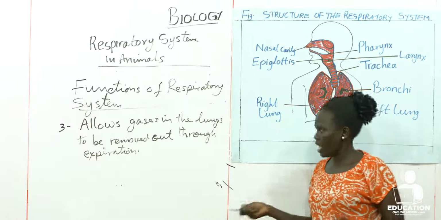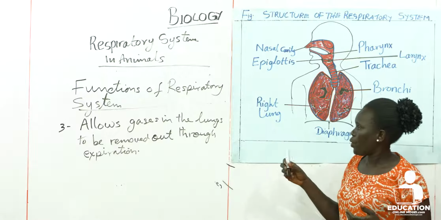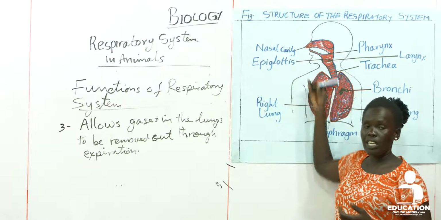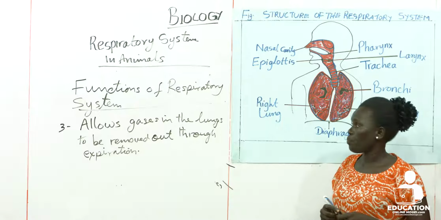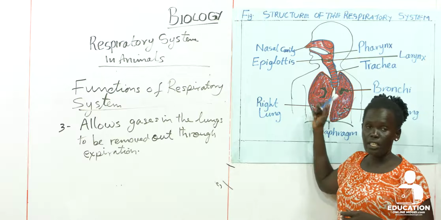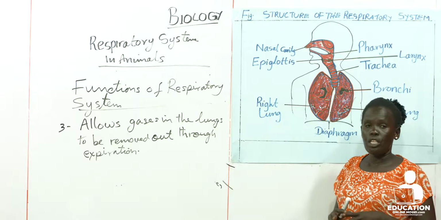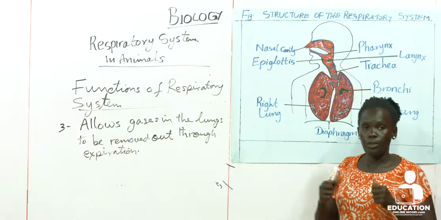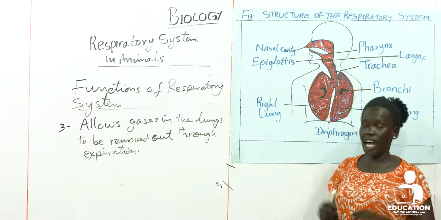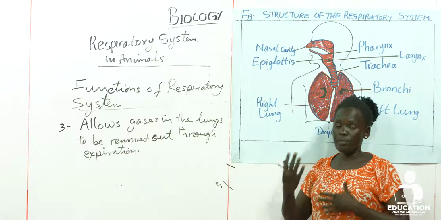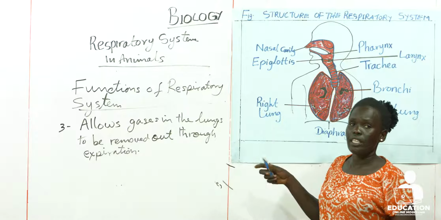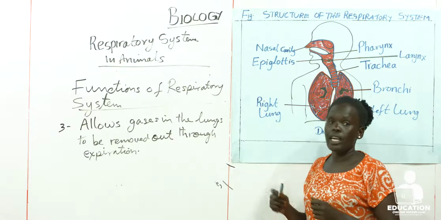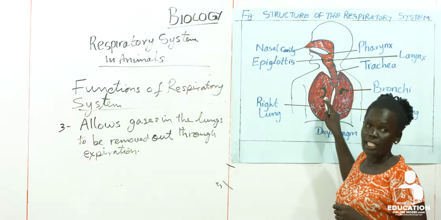I've already explained this ahead, because when the air is drawn through the nose and mouth, it passes through this series of airways reaching the lungs. This is where the oxygen is diffusing into the blood. That blood will be taken to the heart to be pumped and reach the other parts of the body. When the oxygen is exhausted, again the carbon dioxide is collected by the same blood and brought to the lungs here.